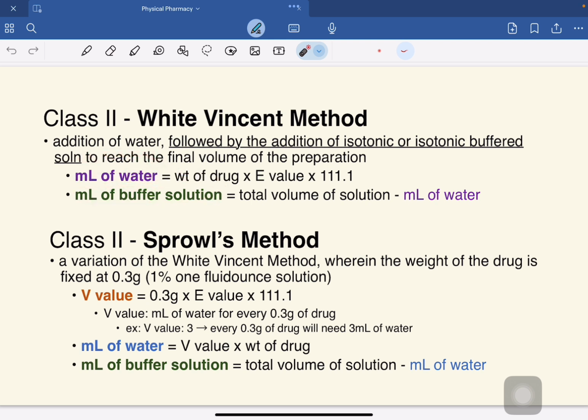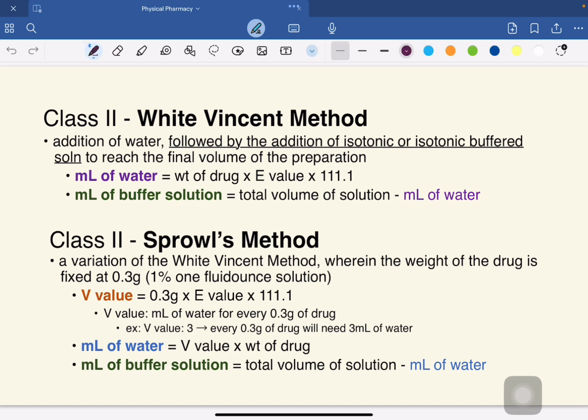There's also the Sprouse method. So the Sprouse method is a variation of the White-Vincent method, wherein fixed yung weight sa drug to 0.3 grams because 0.3 grams is 1% of 1 fluid ounce solution.